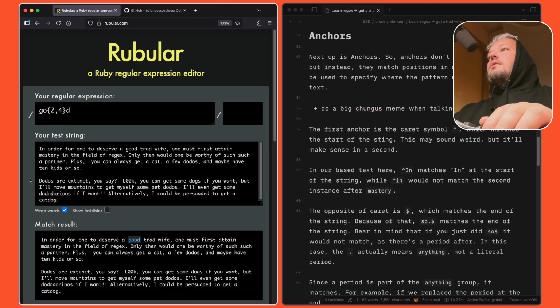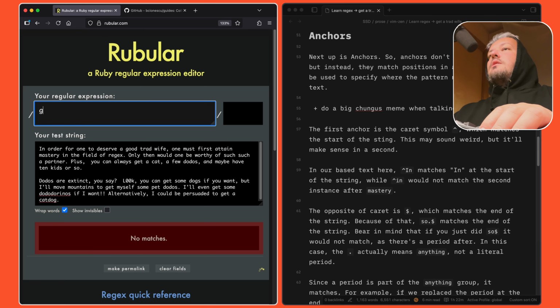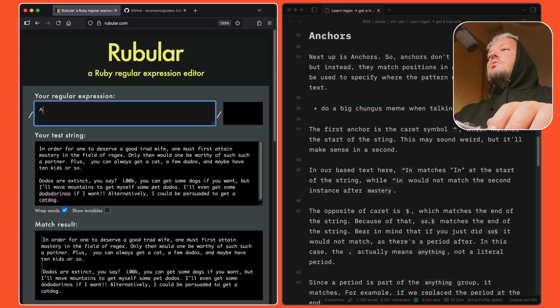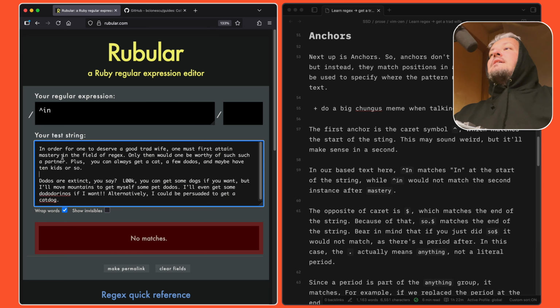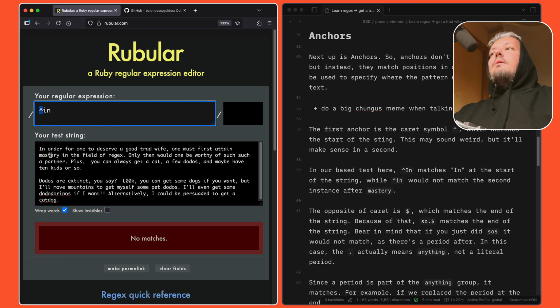So if we go back to our text here, and we do caret in like this, we're matching the in right here. However, if we do caret in on another line, you might expect it to match the in right here, but it doesn't, because the caret says this has to be at the start of the string.